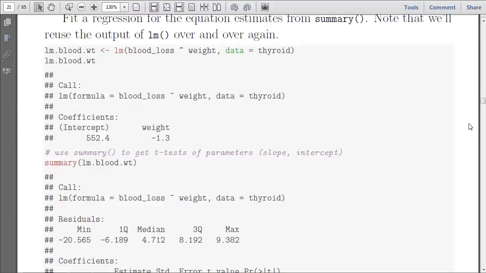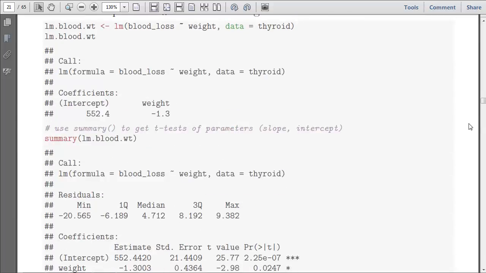So let's fit our model equation for the blood loss versus weight relationship in the thyroid data. We're going to fit a linear model using the thyroid data. Blood loss is our y variable, and weight is our x variable. This is the relationship that had higher correlation in the previous video.